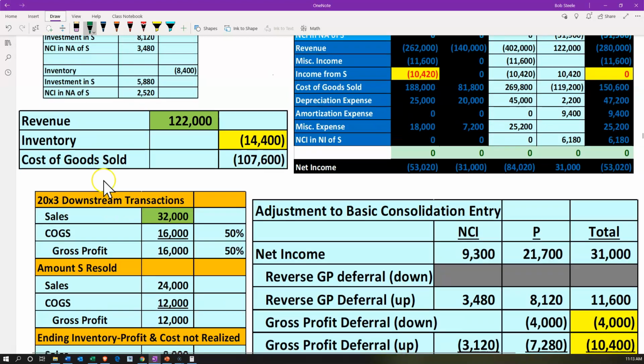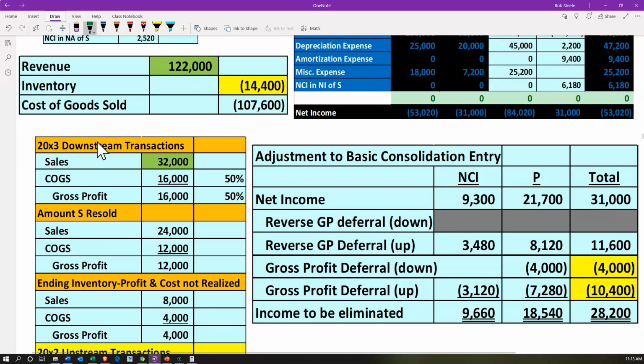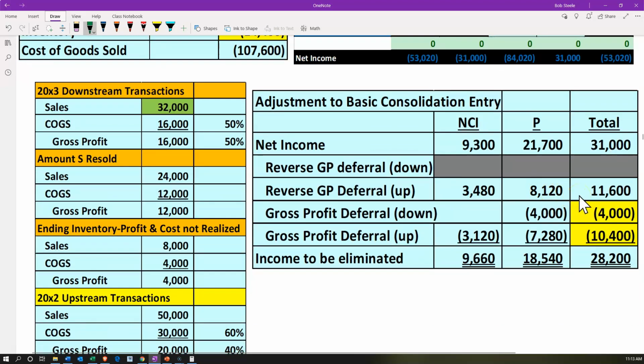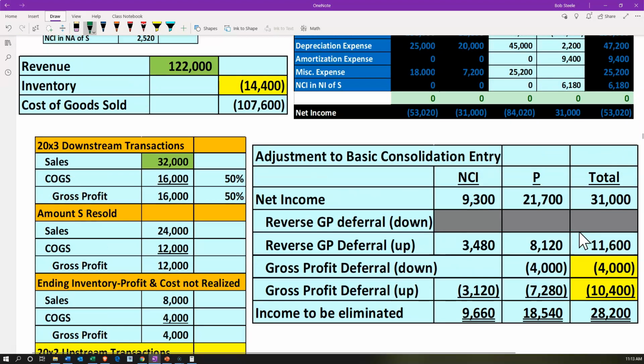And then the next thing I would think about is the inventory, because you can pull that from the table that we put together here. So here's our table, non-controlling interest and P, and we already accounted for this 11.6. Now we're looking at the current year items here. So we're going to pick up the 4,000 and the 10,400, adding up to that 14,400.